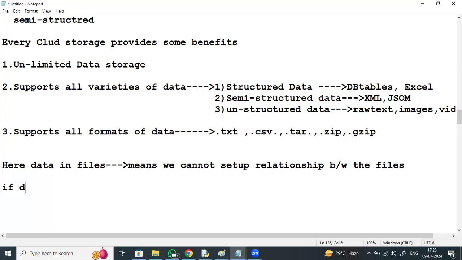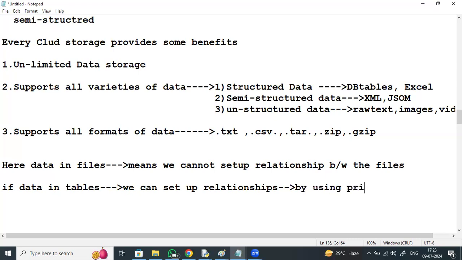If data is in tables, we can set up relationships by using primary key and foreign key.